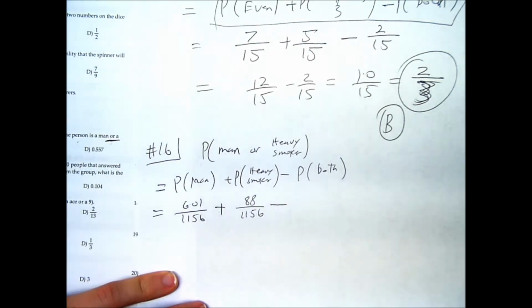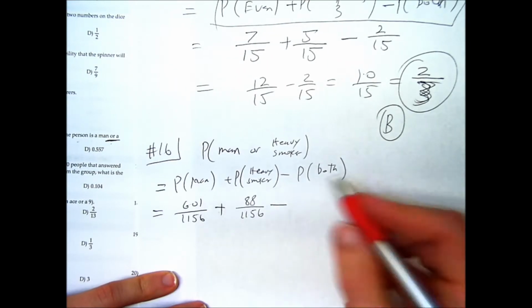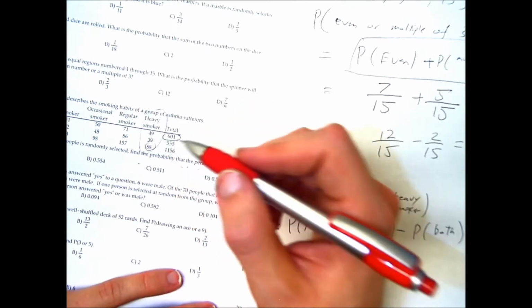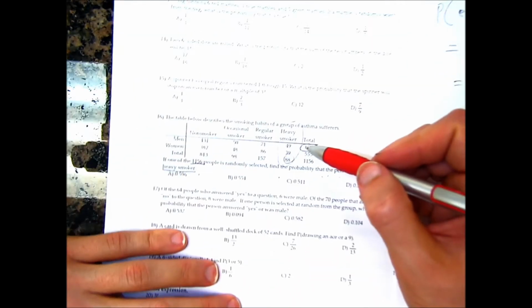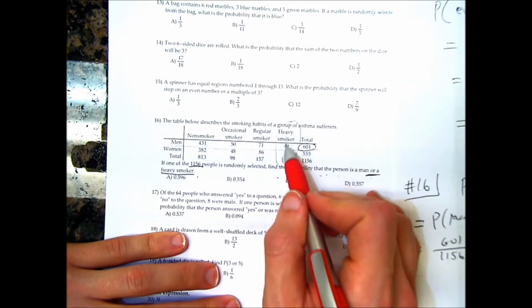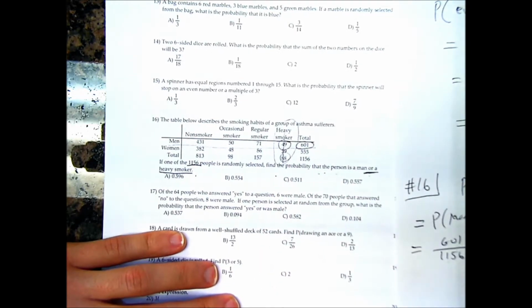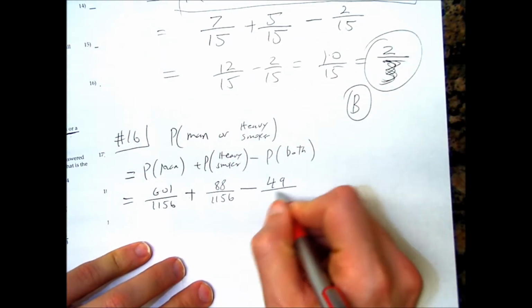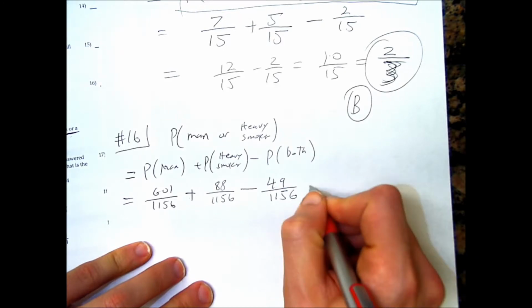Minus the probability of being both a man and a heavy smoker is going to be this number right here. See? This is all of the men who are also heavy smokers. So there's 49 of those. So that's 49 out of 1156.